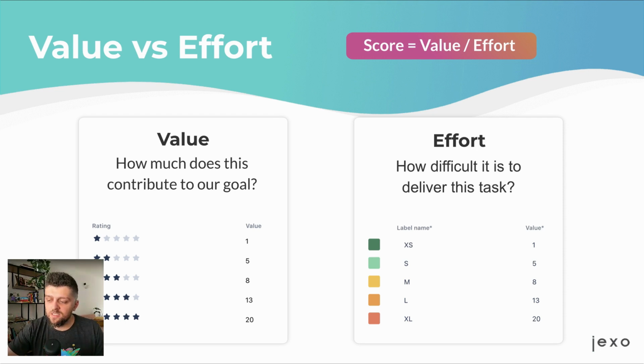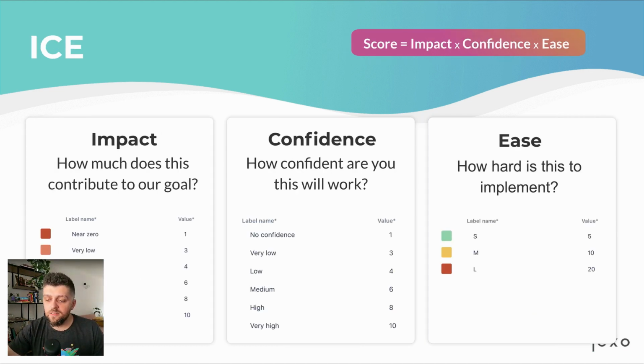So XS here is 1, while the XL is 20. Well, that means that the higher the item, the less positive. So that's why we have a formula where value divided by effort, because the effort range is opposite to value, if that makes sense. While in the ICE method, all of the metrics are high positive, right?